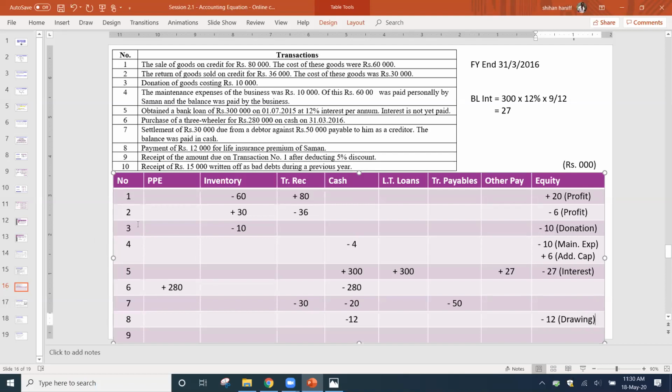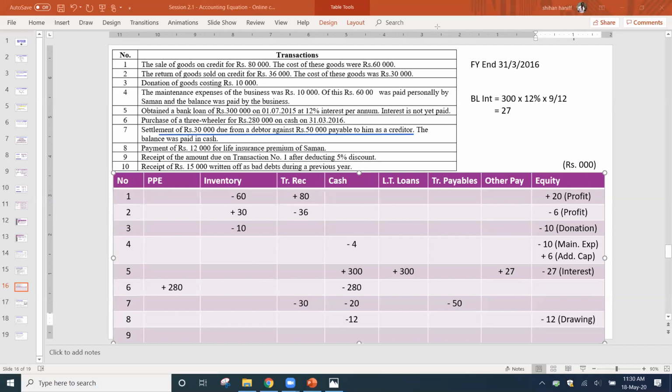So, Vasanju has asked, repeat. Okay. Next transaction. So before that, I will again explain transaction number 7. Transaction number 7 says settlement of 30,000 due from a debtor against 50,000 payable to him as a creditor.